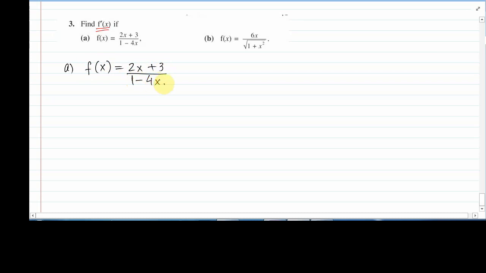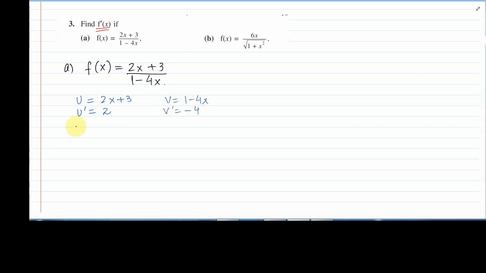All right. So first you need to assign u and v. So u is what? u is 2x plus 3. v is what? v is 1 minus 4x. u dash is 2 and v dash is negative 4.